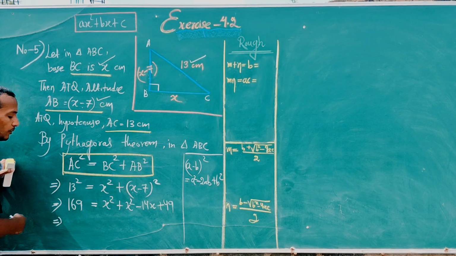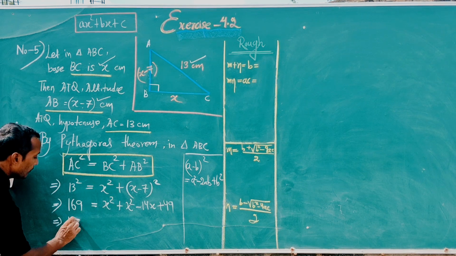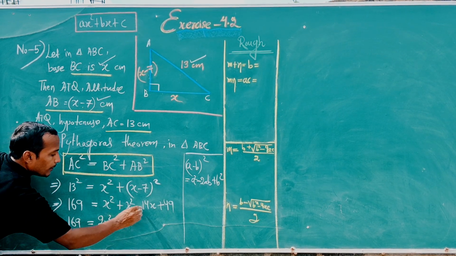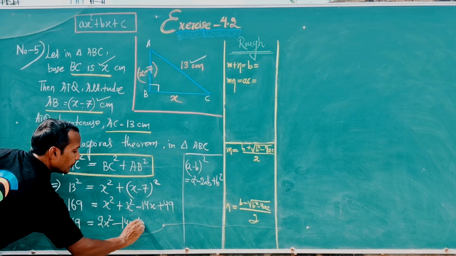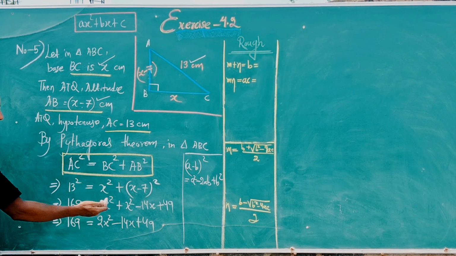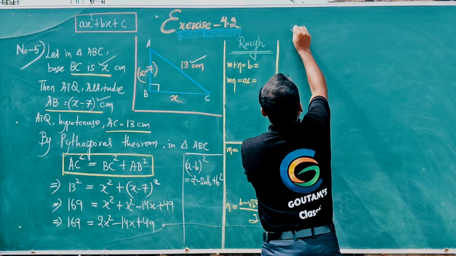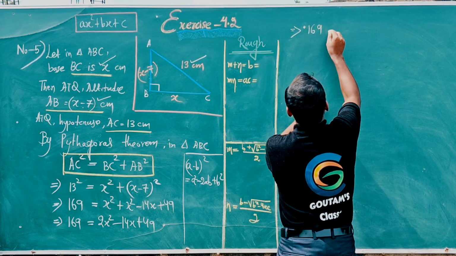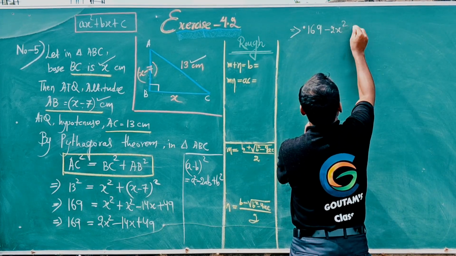Now I have this. I can bring everything to left side. So first of all, let me simplify a little. I have 169. Here x square plus x square becomes 2x square minus 14x plus 49. So let me copy them. Now let me bring everything to left side. So I will have 169 minus 2x square when 2x square comes to left side.